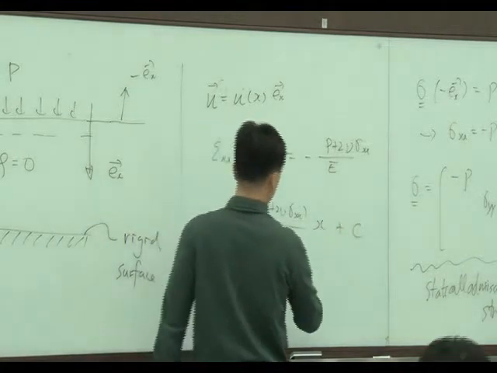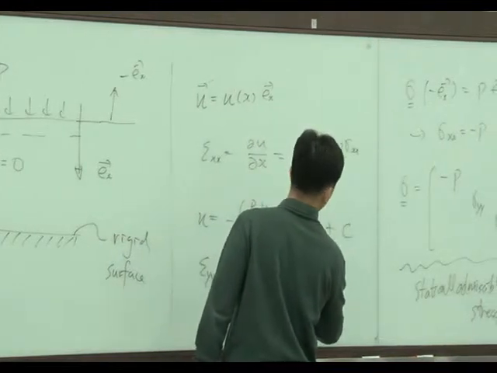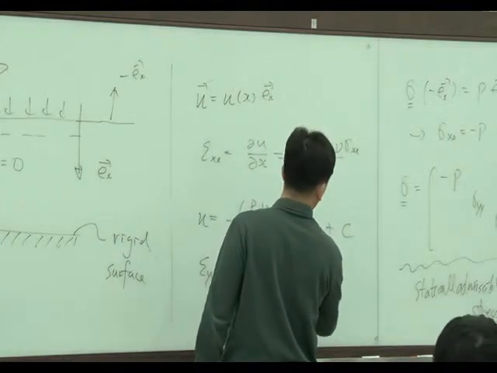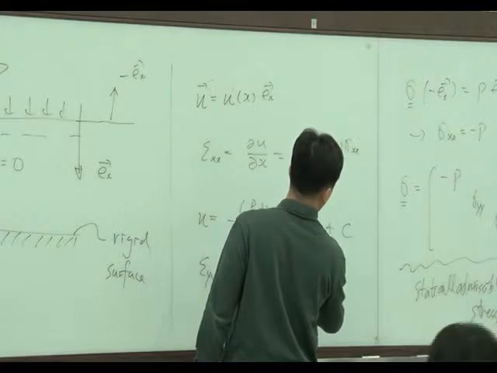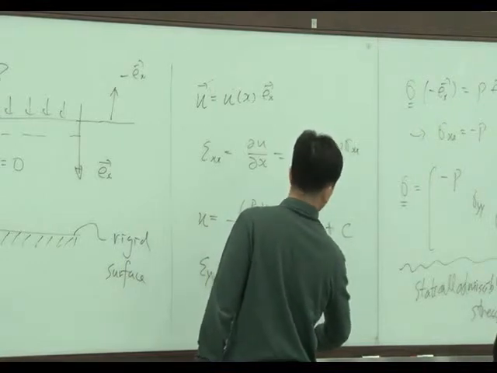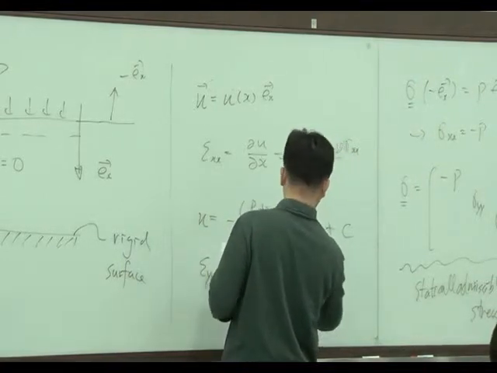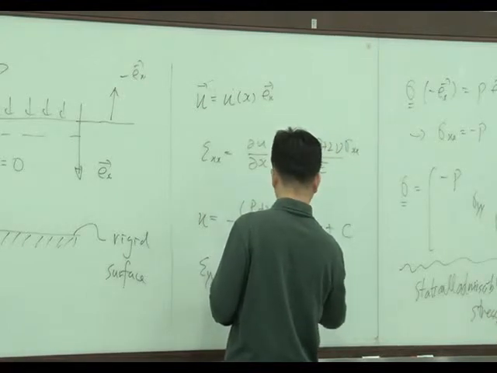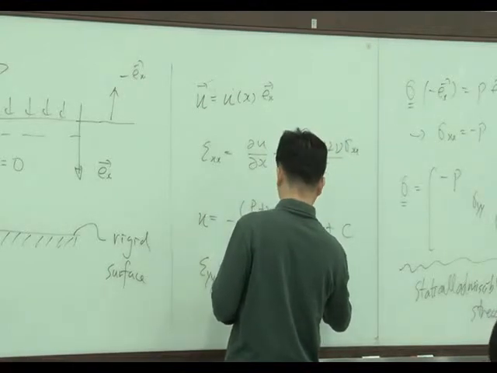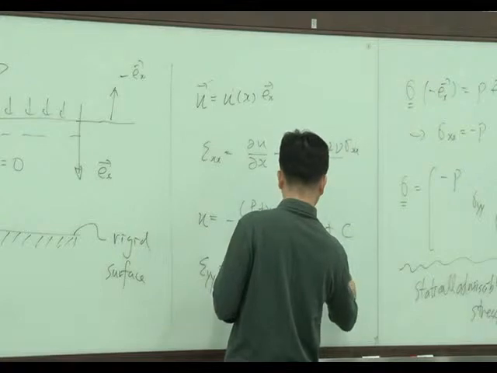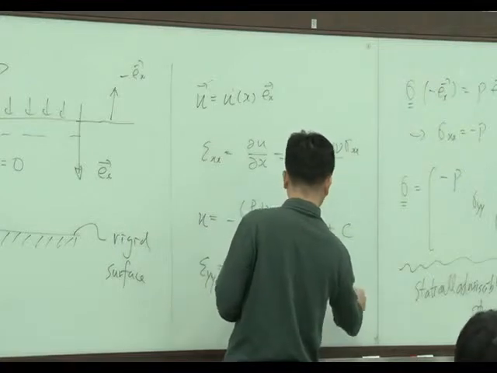Equal over there E YY plus YY minus mu YY plus mu P. This is 0.